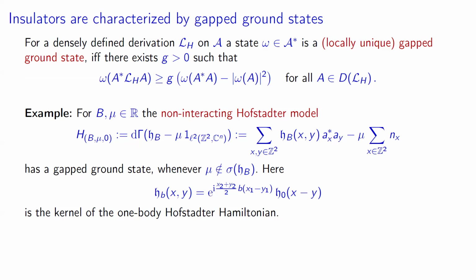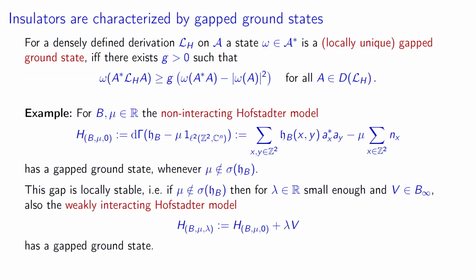With D0, this would be the discrete Laplacian, and the Hofstadter model attaches these phases to the hopping. In this sense, this term is different from 0 only if x and y are nearest neighbors in that model. But we could allow also for larger hopping; in the end, in a certain technical sense, it has to be short range, and I will explain.